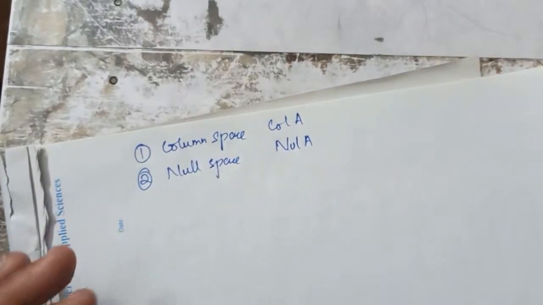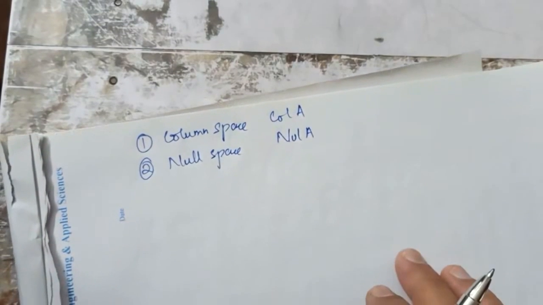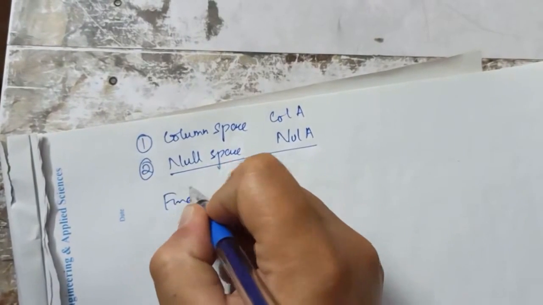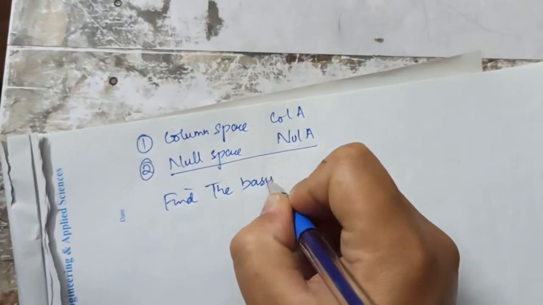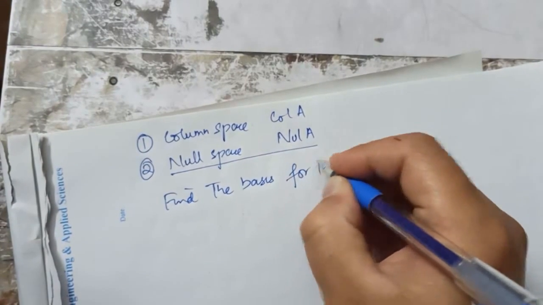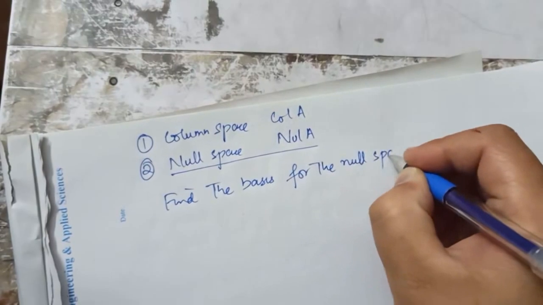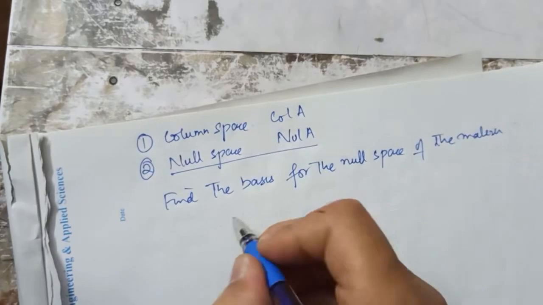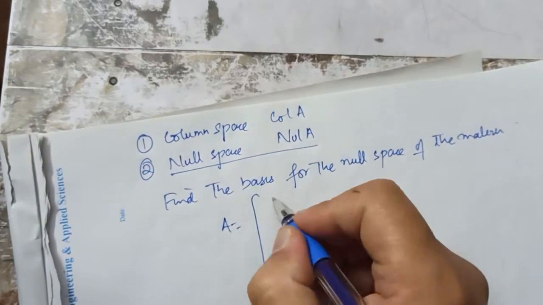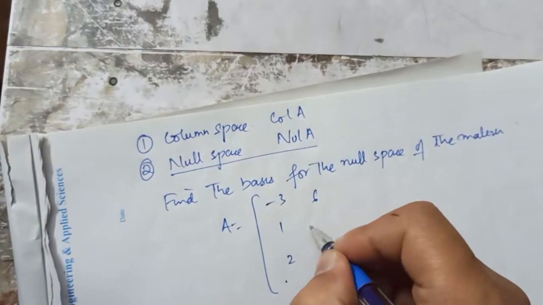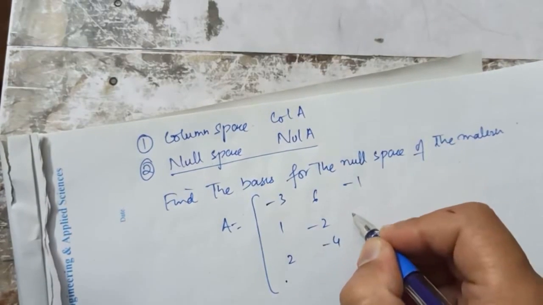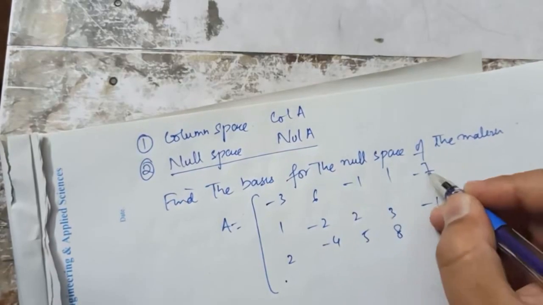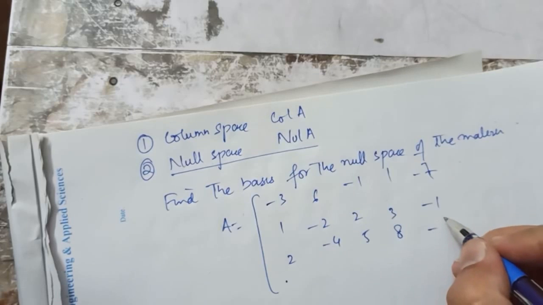So let's do an example and try to find the basis for, let's say, the null space. We've been given the question: find the basis for the null space of the following matrix, A equals -3, 1, 2, 6, -2, -4, -1, 2, 5, 1, 3, 8, -7, -1, and -4.